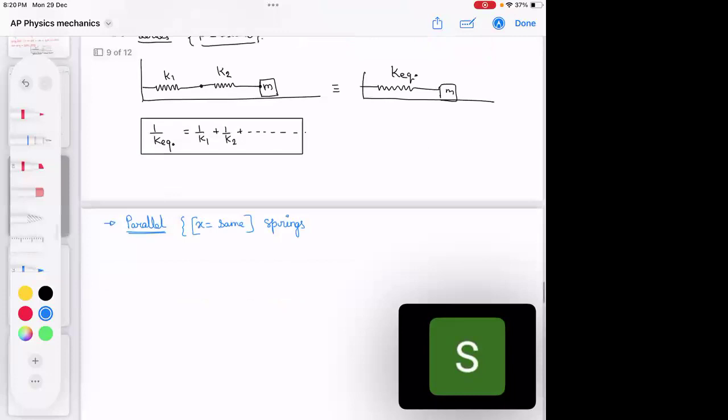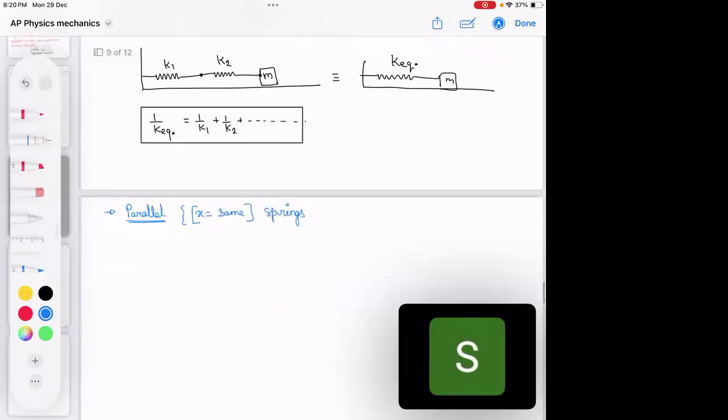When do we call two springs connected in parallel? If springs have the same elongation or compression, then we call these springs connected in parallel to each other. Understood?